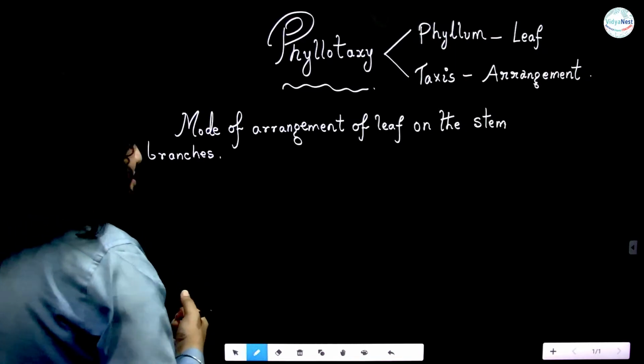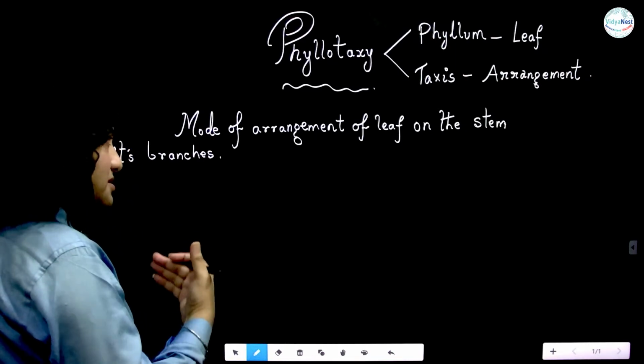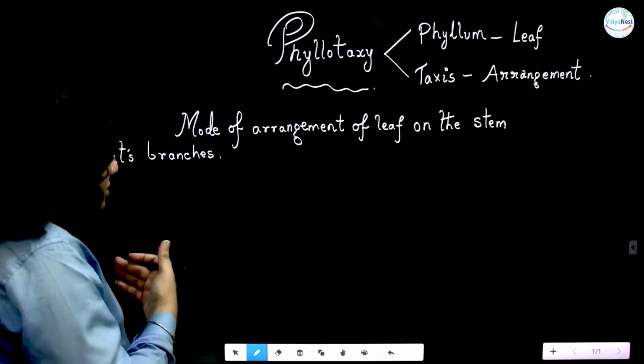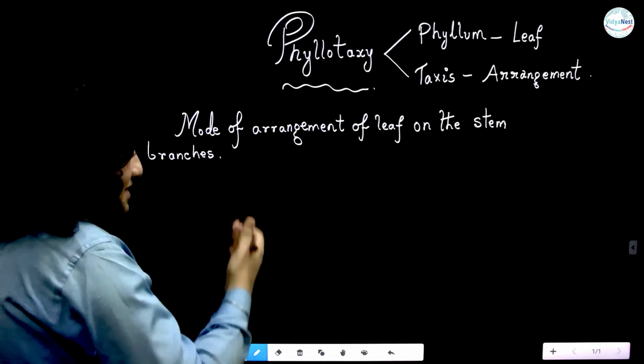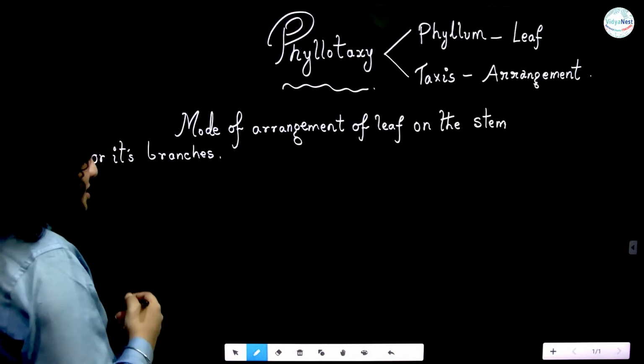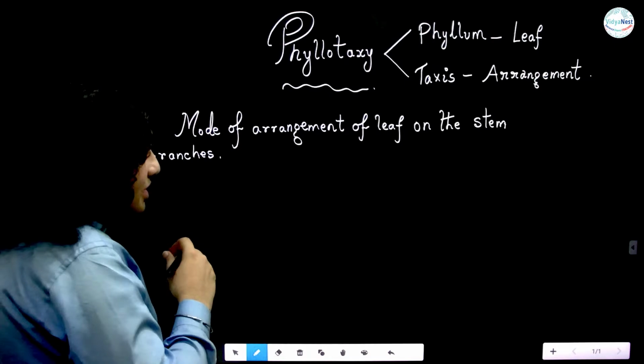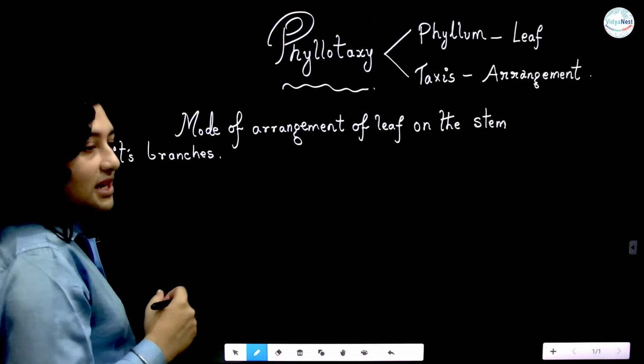The pattern of venations are also different. But why this arrangement? Because leaves will be present on the surface of the stem and its branches. So why is this arrangement so important? Because each and every leaf should get a proper amount of sunlight.